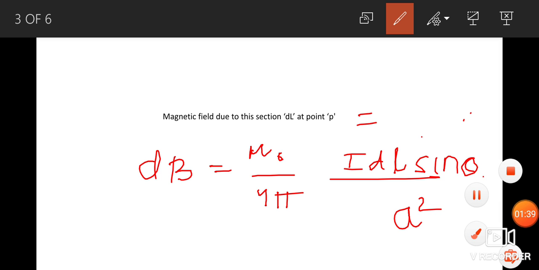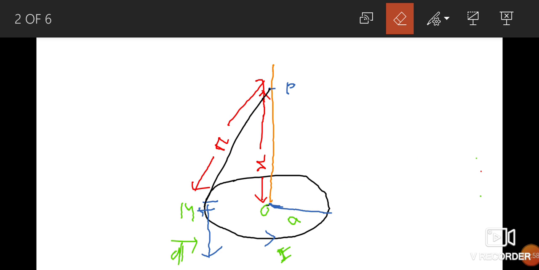Here is the question. What is theta? Theta is the angle between dl and r, not r square. The angle between dl and r is theta.